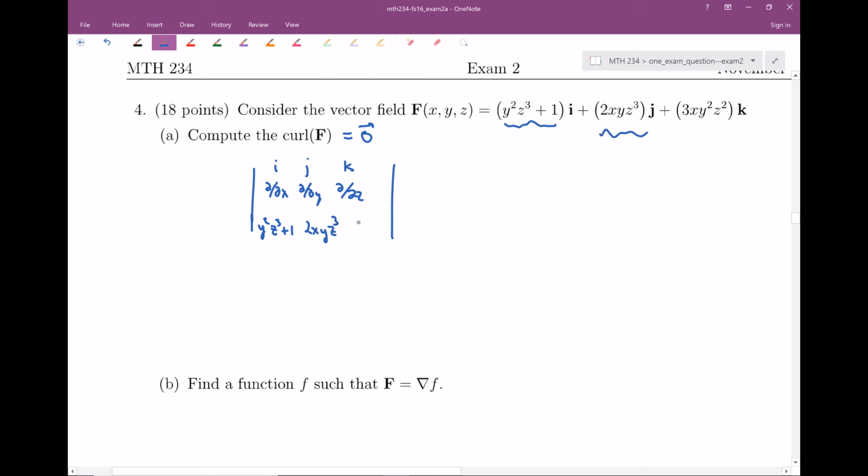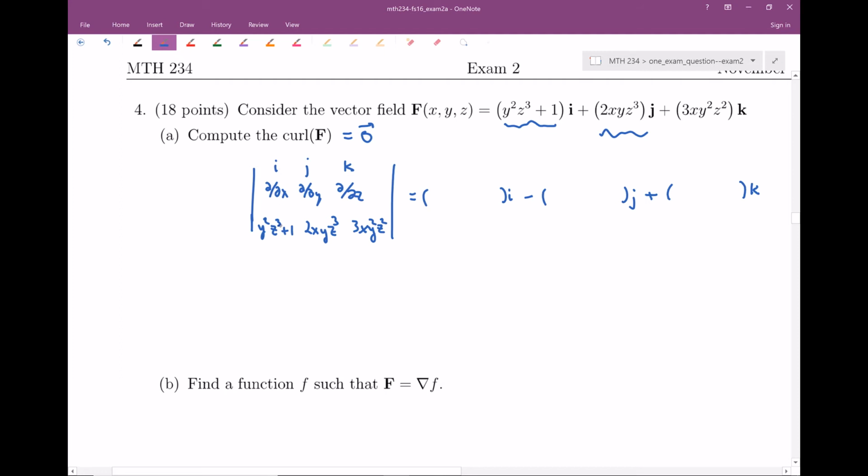And then our third coordinate is 3xy squared z squared. Alright, and whenever we take a cross product here, we're going to have stuff with i's minus stuff with j's plus stuff with k's. And I just remember that I do this first just so I see the plus minus plus. Alright, again we're hoping for the vector 0, so to some extent I hope it doesn't super matter.